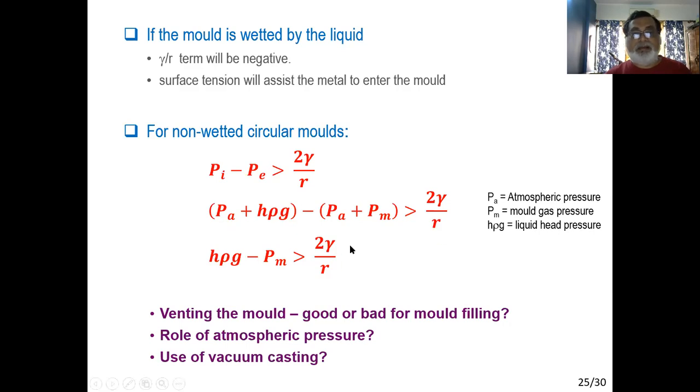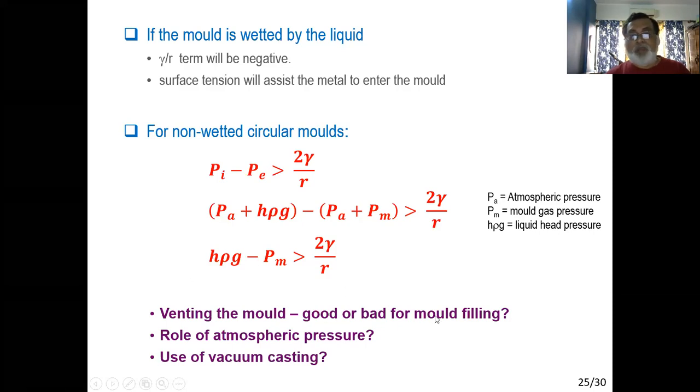Since Pa is cancelled out in the final equation, atmospheric pressure and vacuum pressure don't have any effect. So vacuum casting will be no good in mold filling. Atmospheric pressure will be no good in mold filling, but venting will help.